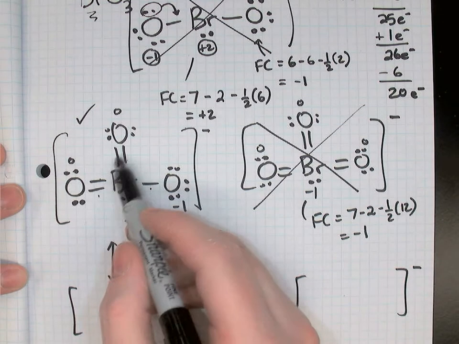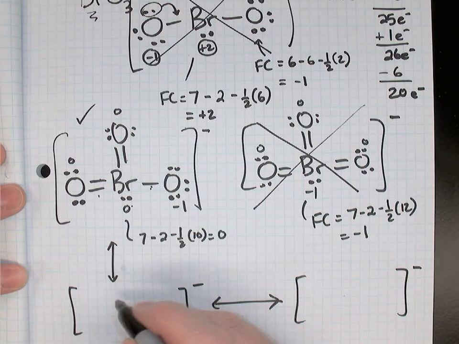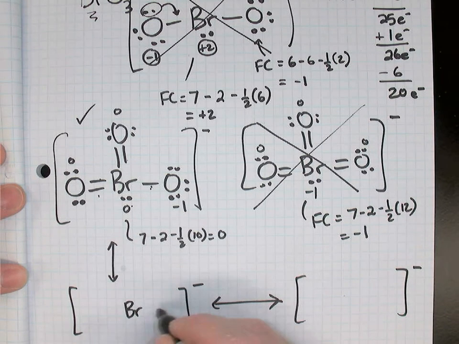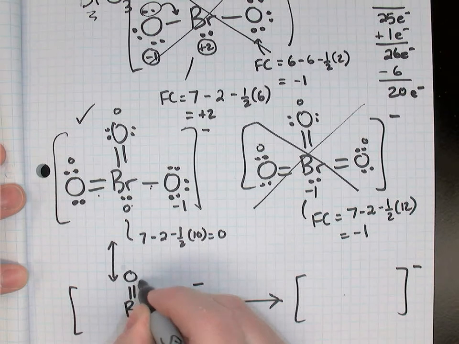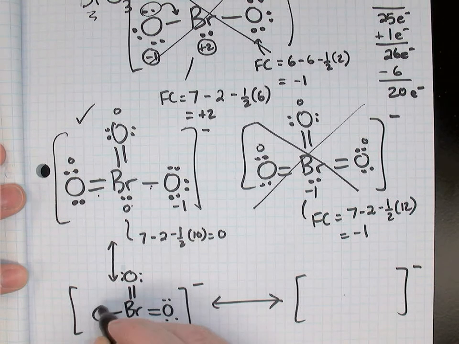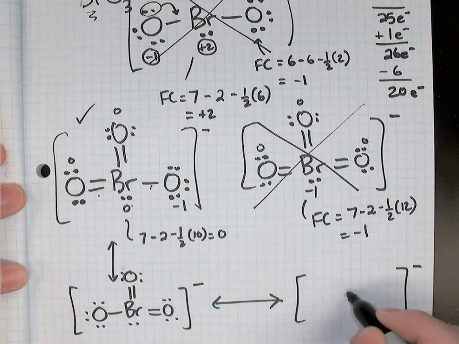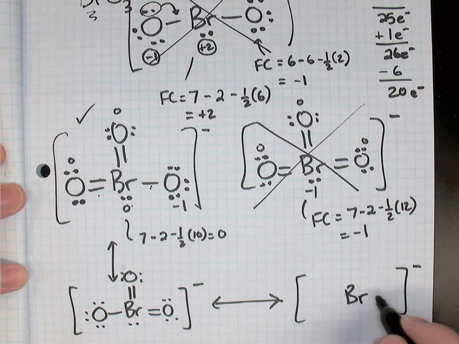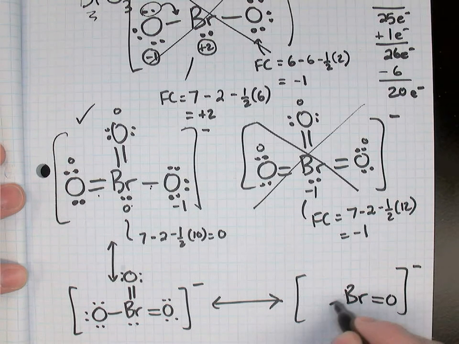We could easily imagine that the double bond is here and here, and the single bond here. Or we can imagine that the double bonds are here and here, and the single bond up at the top.